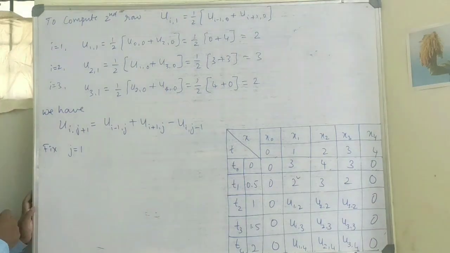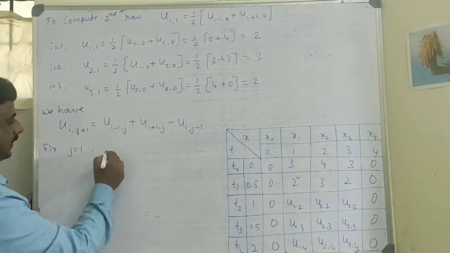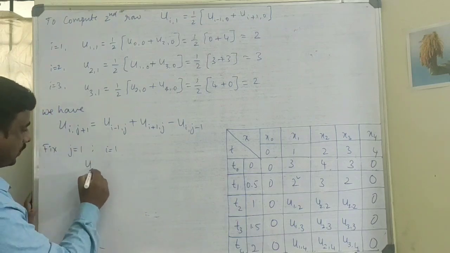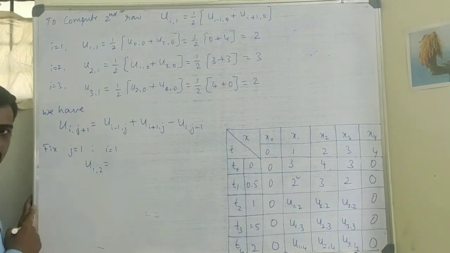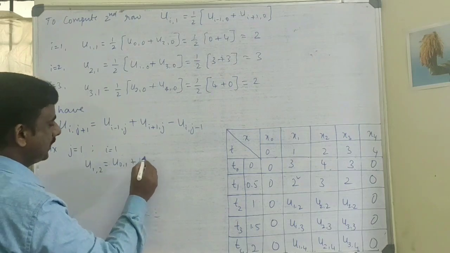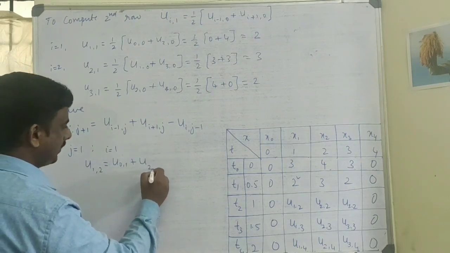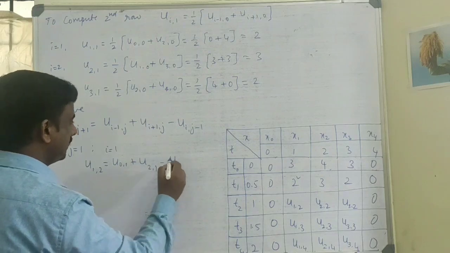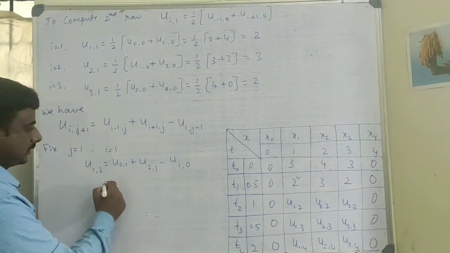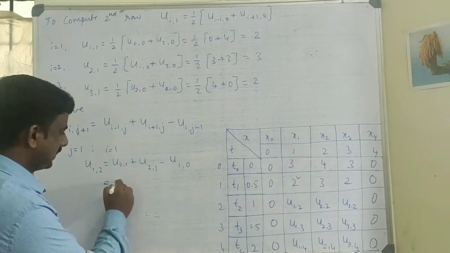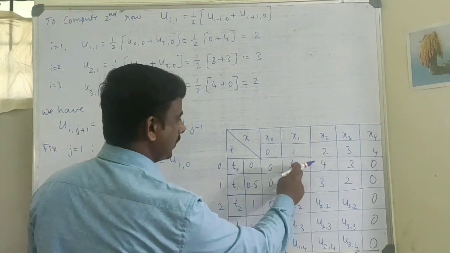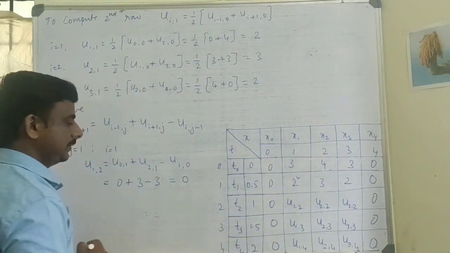Now fix j equal to 1 and I will vary i. If I take i equal to 1, u(1,2) will be u(0,1) plus u(2,1) minus u(1,0). So u(0,1) is 0, plus u(2,1) is 3, minus u(1,0), which is 3. So it is 0.